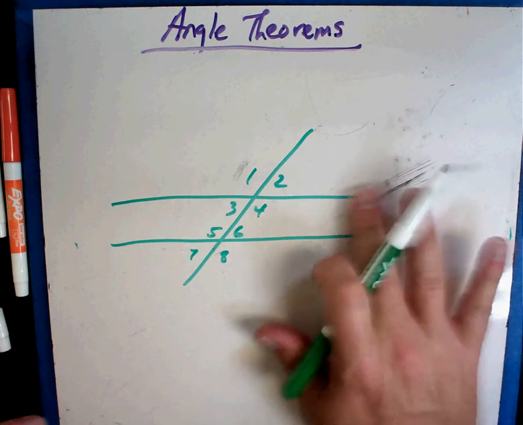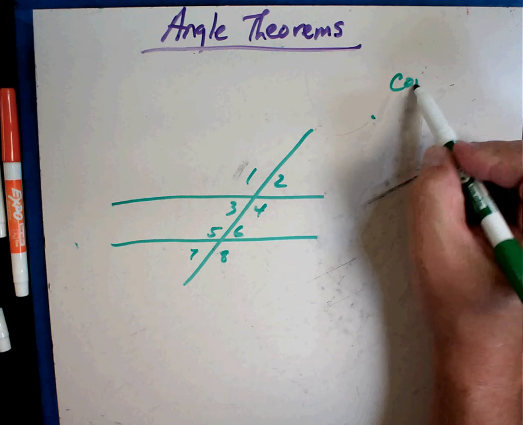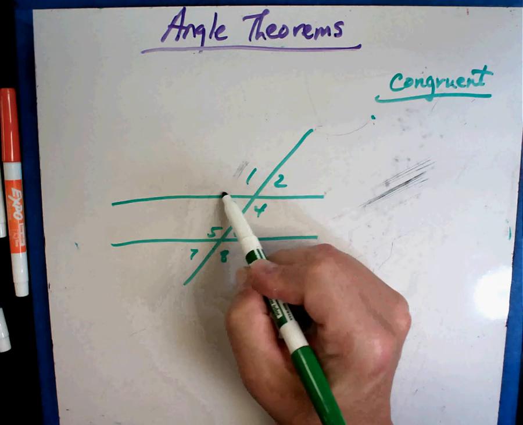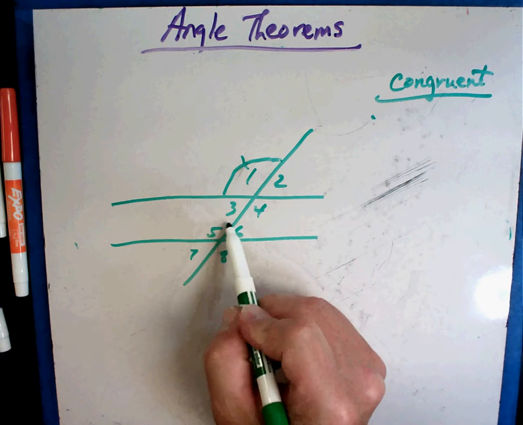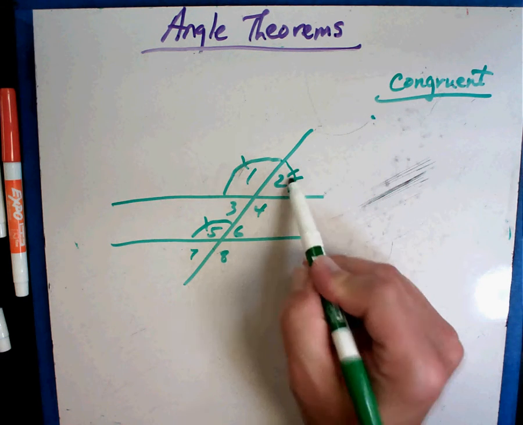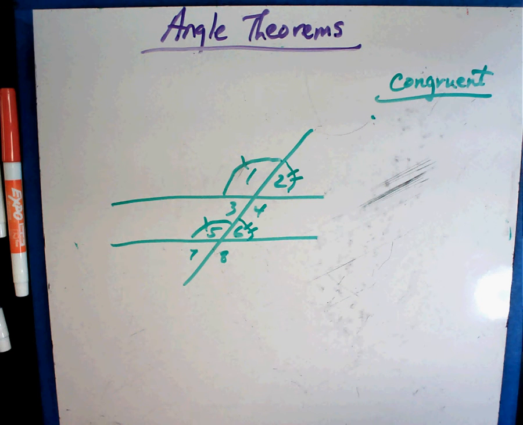And I'm going to number them. I'll make this a little shorter. And they use the word congruent, which means they're the same degrees. Okay? First, that angle and that angle are the same. I also know that this angle and this angle are equal to one another.